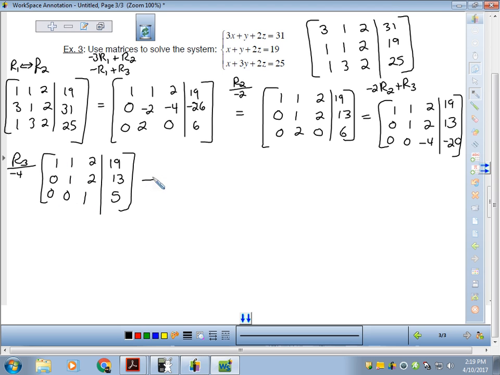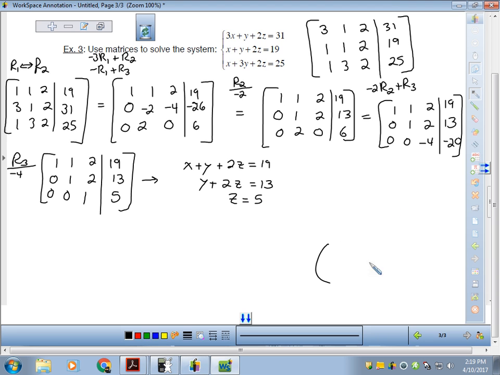So now we're going to translate this back into equations. This top line says x plus y plus 2z equals 19. This second row says y plus 2z equals 13. And this bottom row says z equals 5.